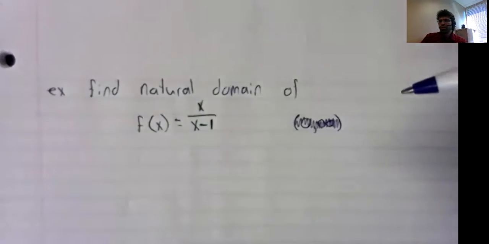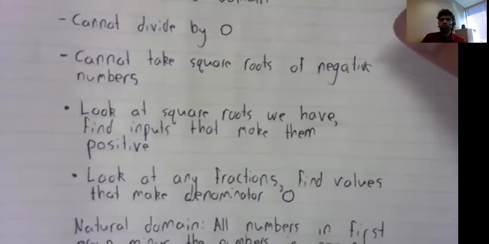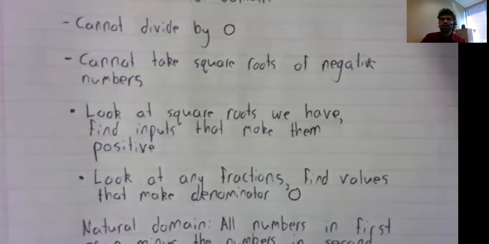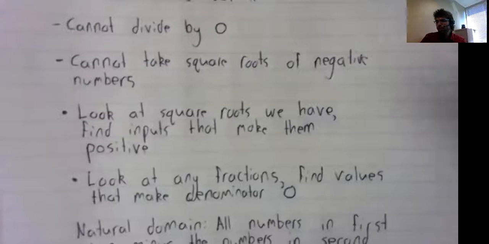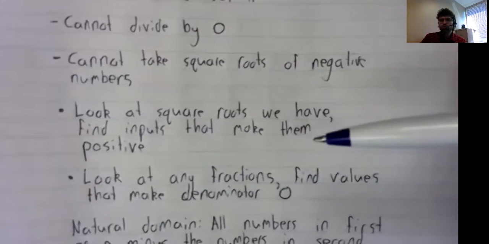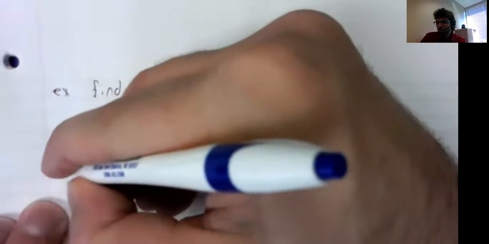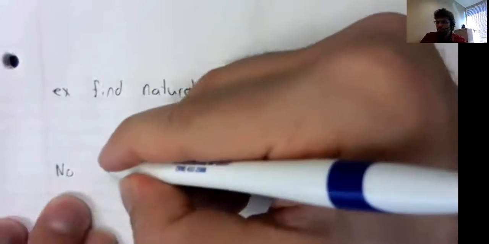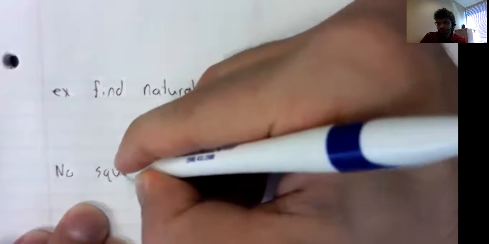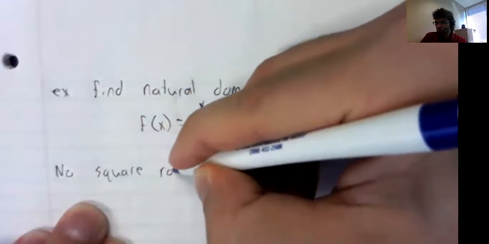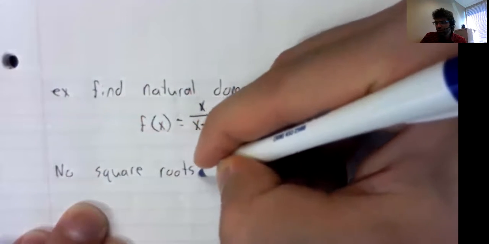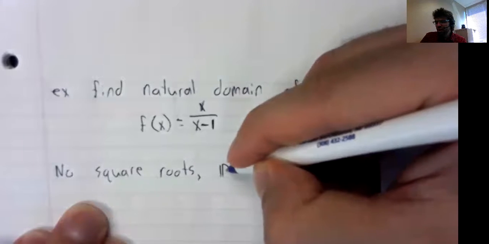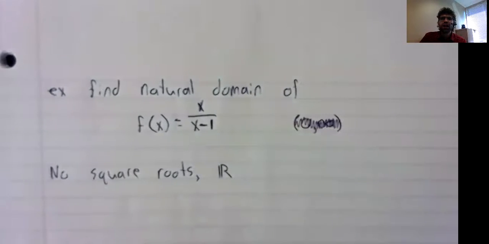Whereas if you just follow these steps, it's like a 10-second problem. You can't take the square root of any negative number. Well, there are no square roots. So we start with the entire real number line.